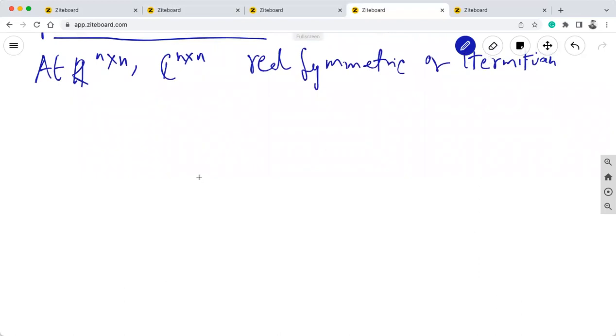Then there are certain properties for positive definiteness. So what are the properties?